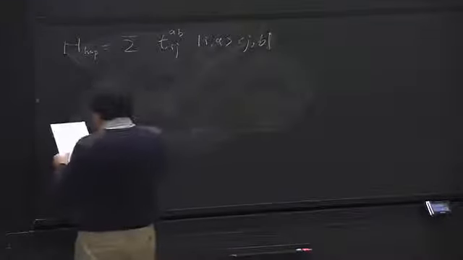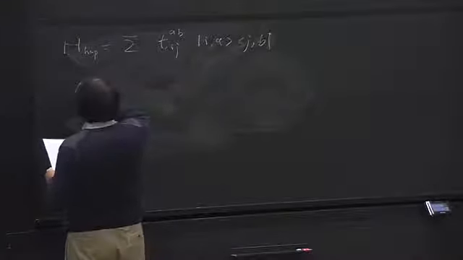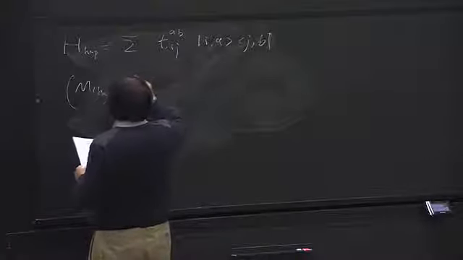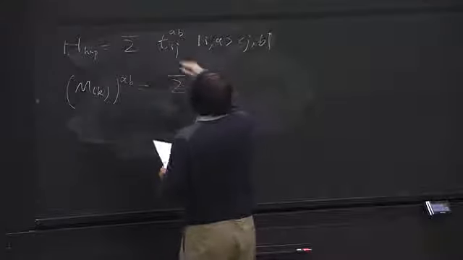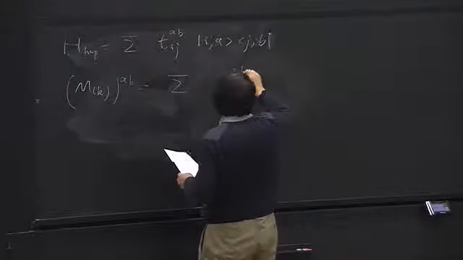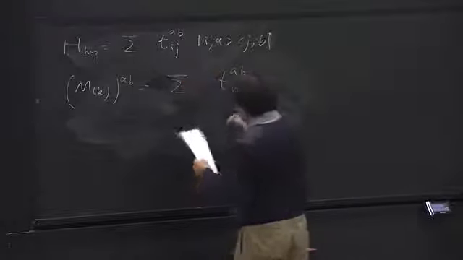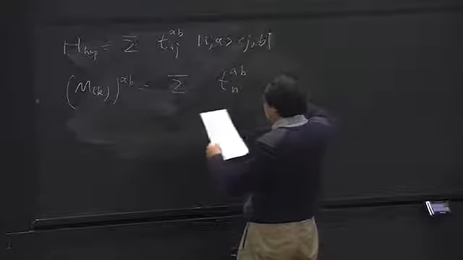And then we construct a matrix we call M_k with indices AB. This matrix is basically a Fourier transformation of the hopping matrix T^AB, where n is the hopping distance.